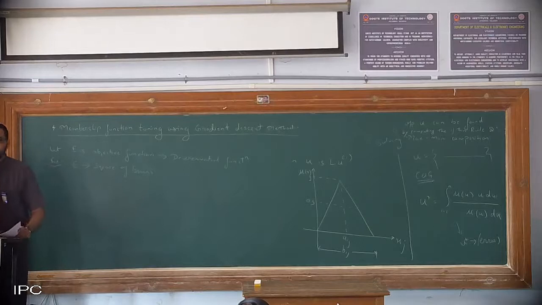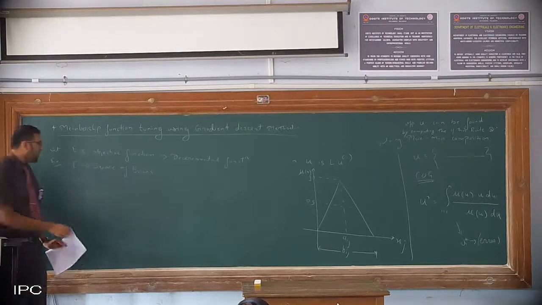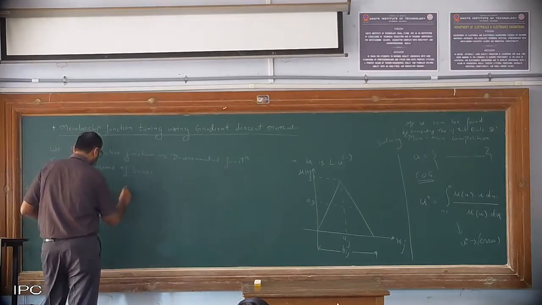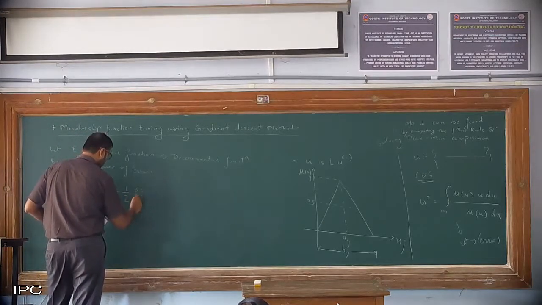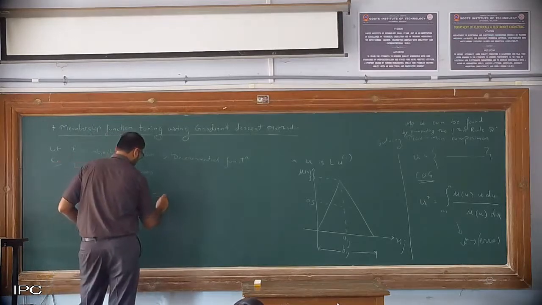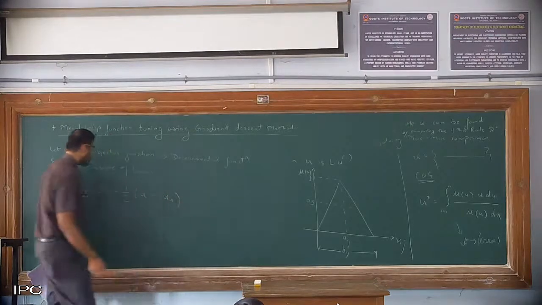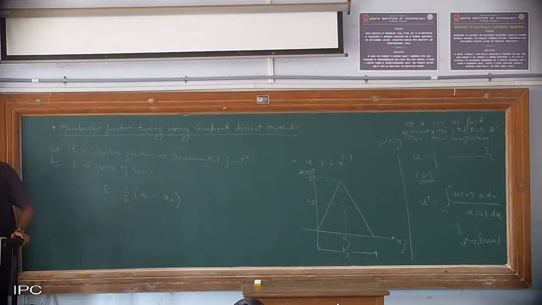They have just taken an example where E is an error. Instead of saying error, they are saying square of error. And the equation which they have used here is E is equal to 1 by 2 of U minus UR. What is U? We have used U there, right? So the total error that we are finding out is nothing but U minus, that is actual minus reference, or reference minus actual, whichever is the possibility.